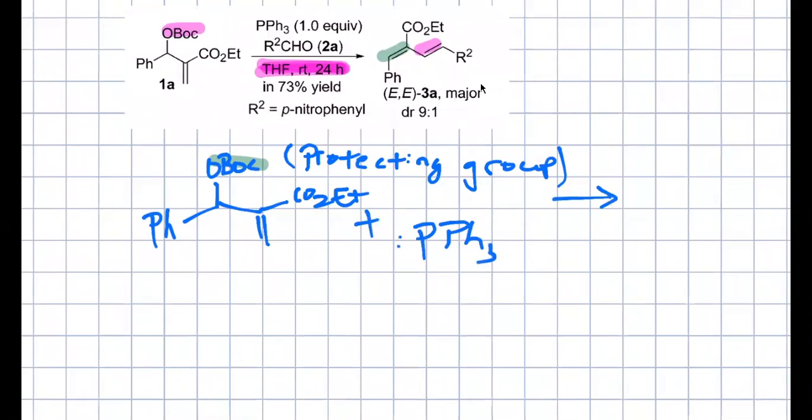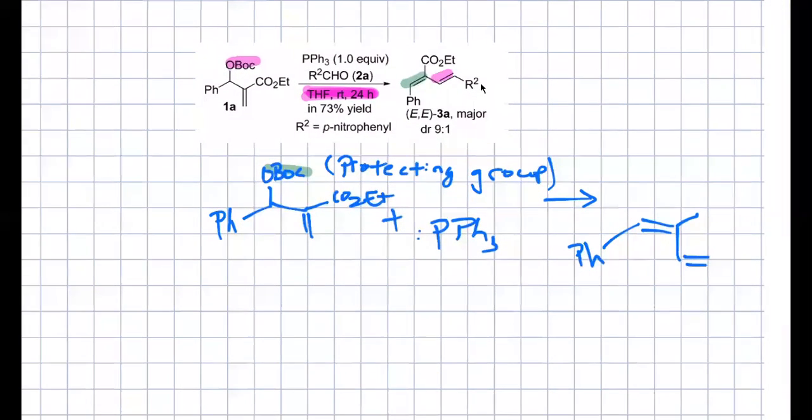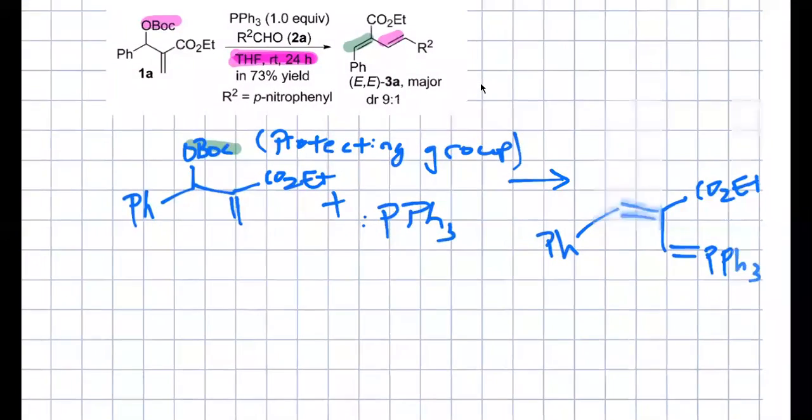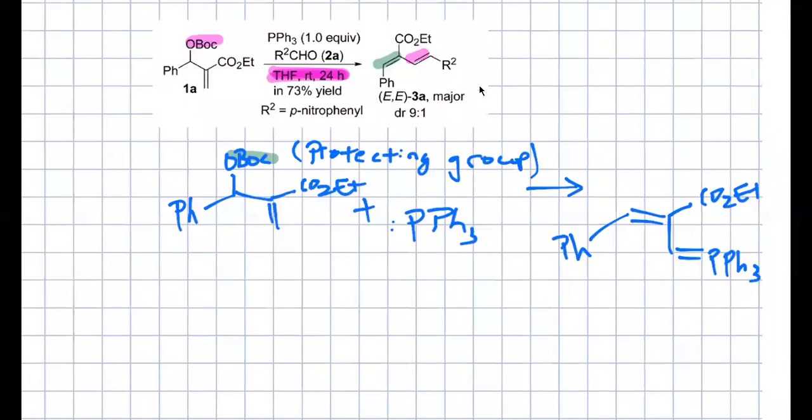Because the ylide actually ends up looking like this, and then maybe we can work backwards to see what happened. So that's that, and then this is the ylide. That's what's going to react with your aldehyde. So how do we get there? What do you think happened?